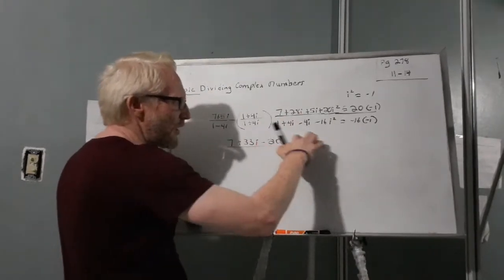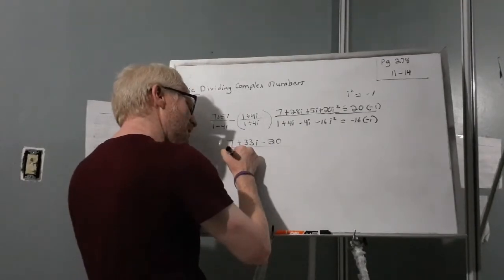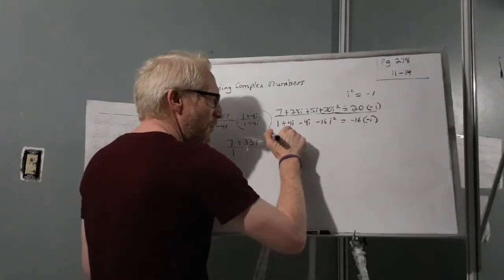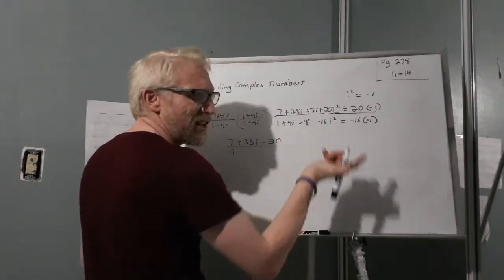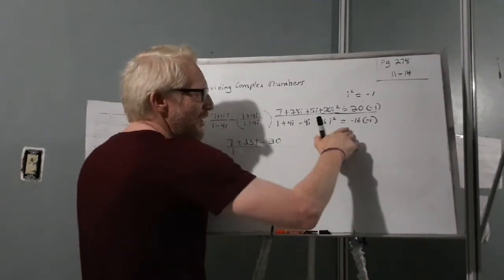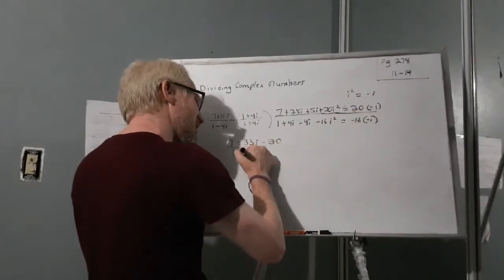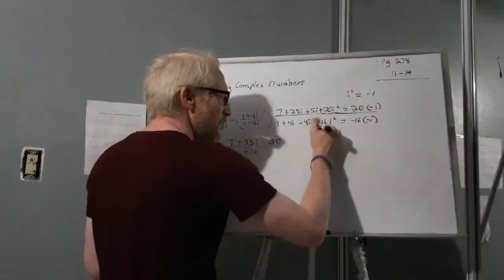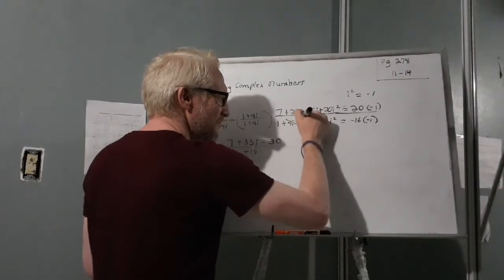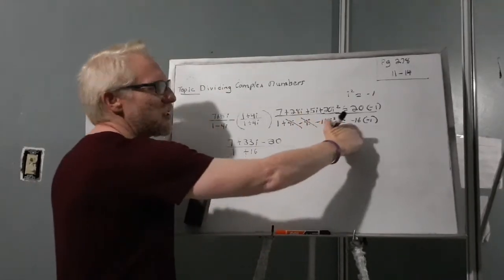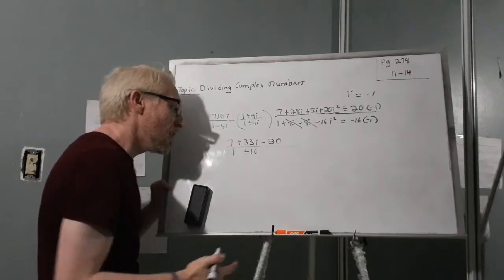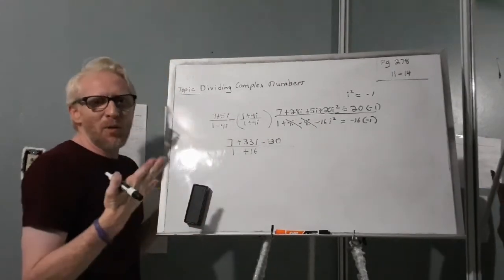Now I'm going to work with my denominator. 1 stays the same. And 4 minus 4 is 0, so this cancels out. And then -16 times -1 is positive 16. I'm still not done, but I'm almost there.